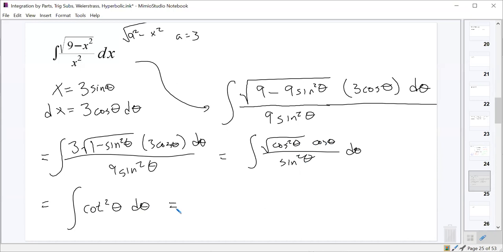And how do I integrate that? This is the easy part. Cotangent squared can be rewritten as cosecant squared minus 1, can't it?